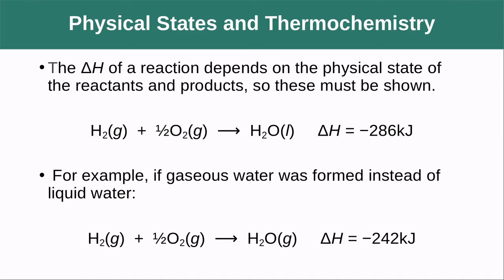So typically we're going to show these. For instance, this would be different if we were producing water vapor as a gas, or if we used liquid oxygen. You can see the difference between producing liquid water and producing water as a gas. Some additional energy is released when we go from gaseous H2O to liquid H2O, and that results in a more negative enthalpy change.